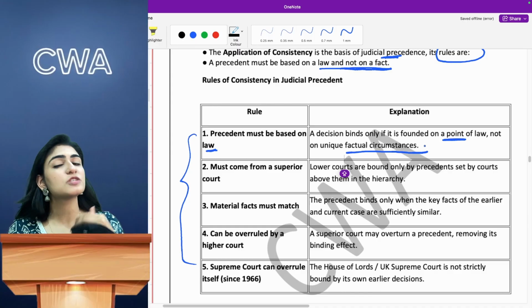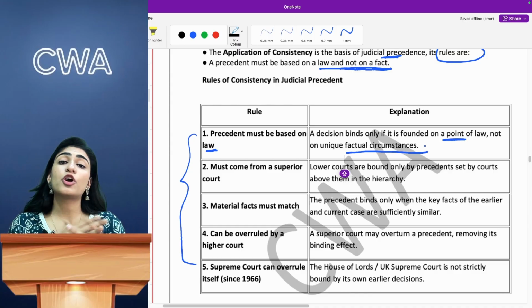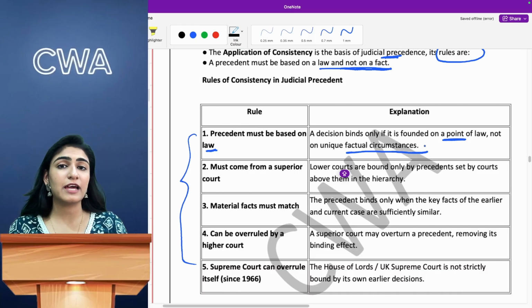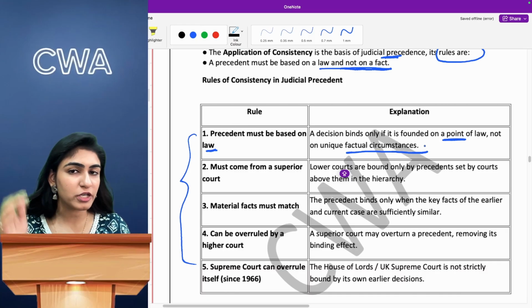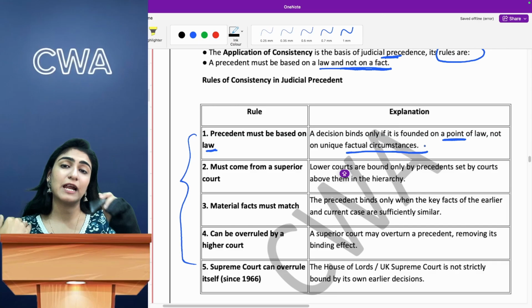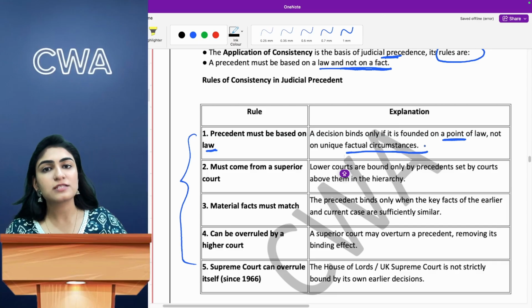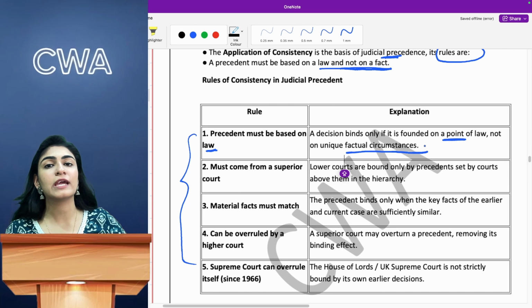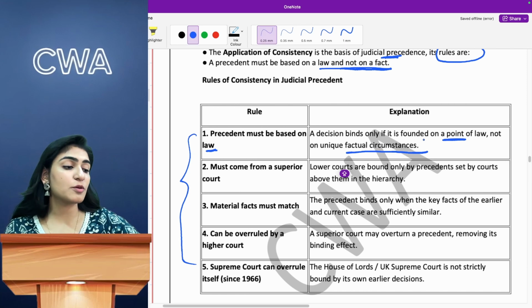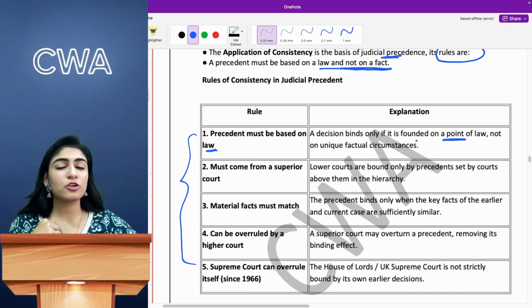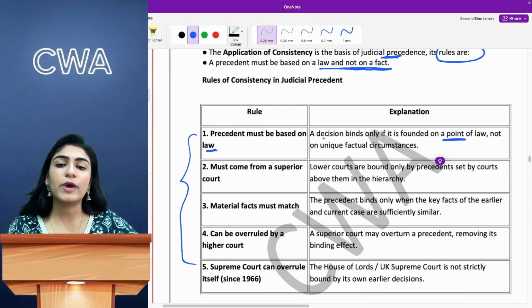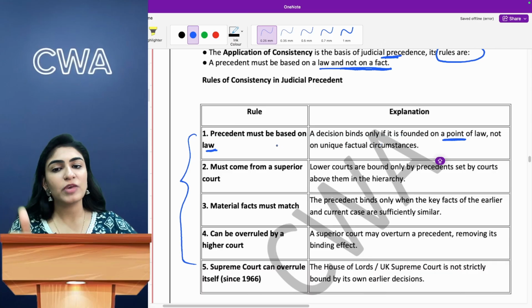Many a time judges pass judgments that are not merely based on law but also based on facts. In such scenarios, you cannot follow the doctrine of judicial precedent, which means you cannot look at such scenarios where decisions were passed based on looking at facts. Okay, so you're supposed to look only and only at those cases where the decision was taken based on law.